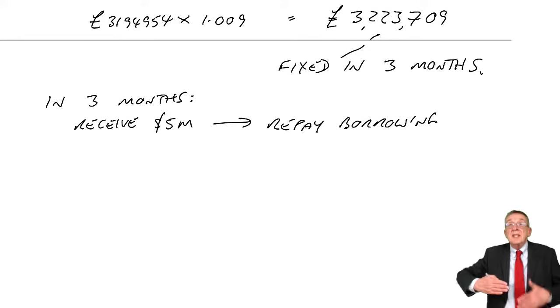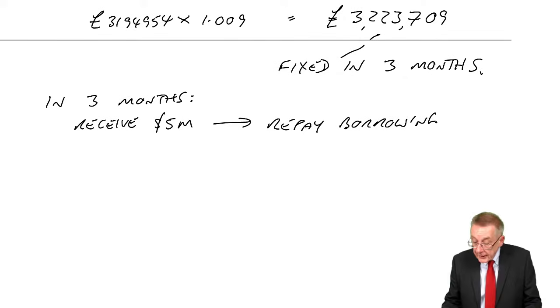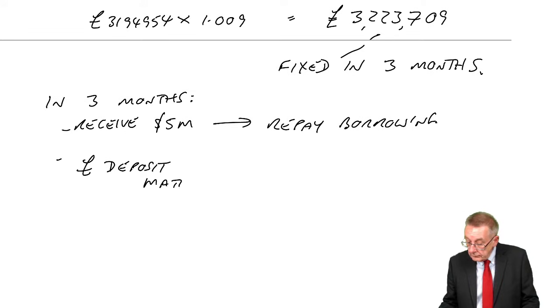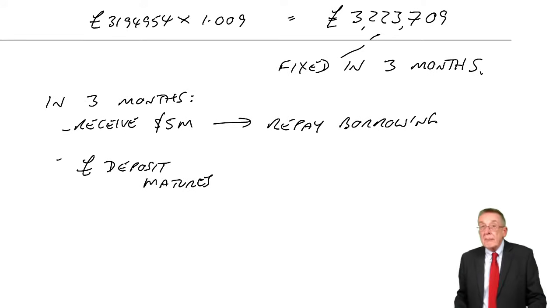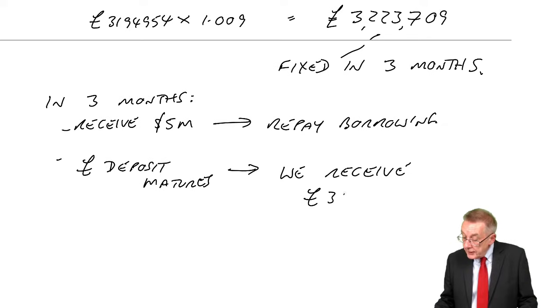So when the customer's money comes in, straight to the repay. Second thing that happens, though, in 3 months' time, our pound deposit matures. And so what happens then? We receive 3,223,709.